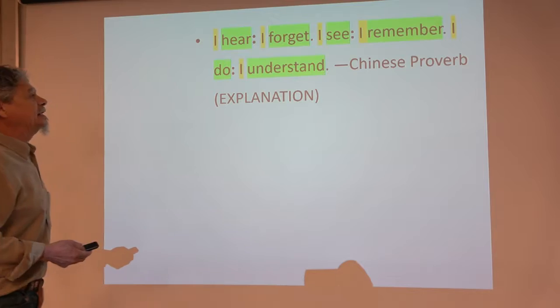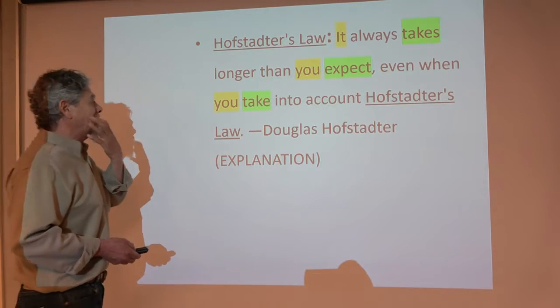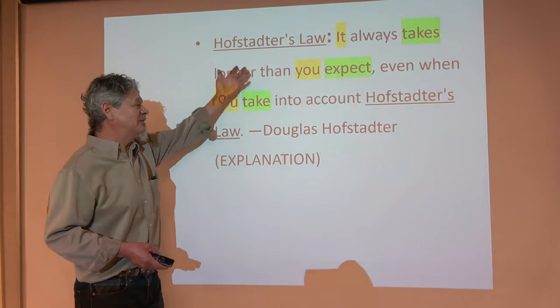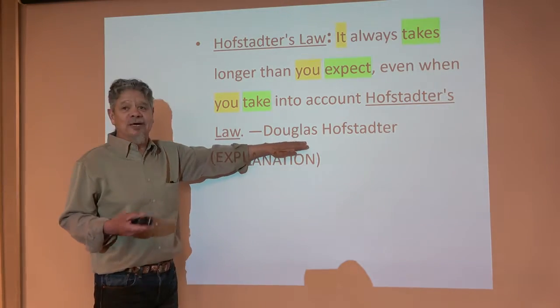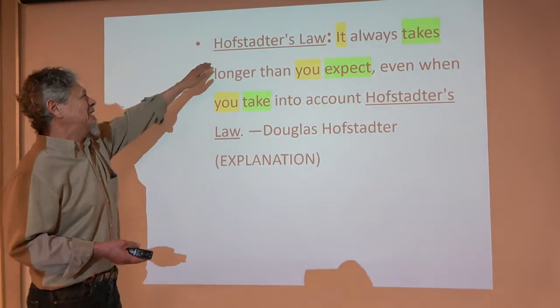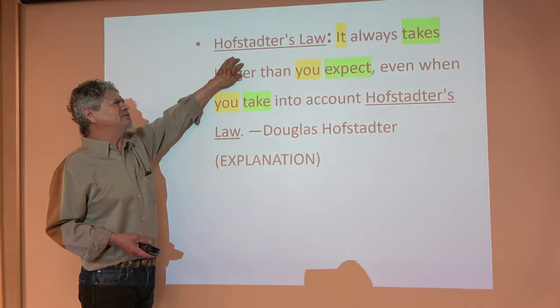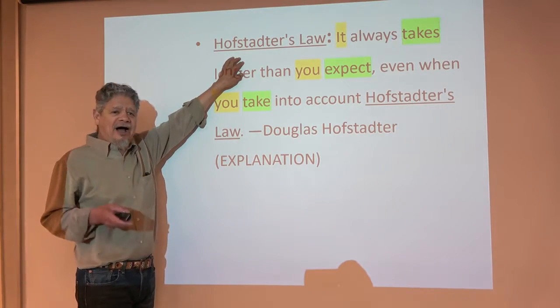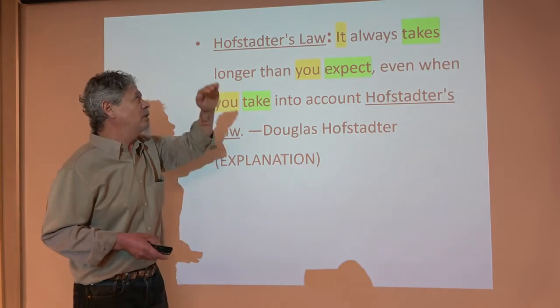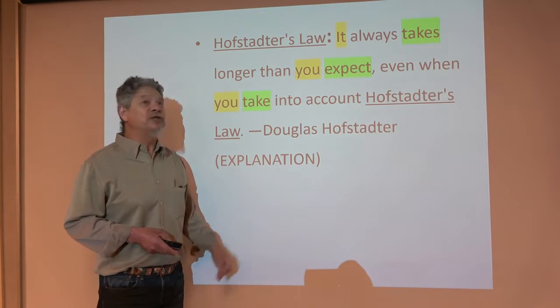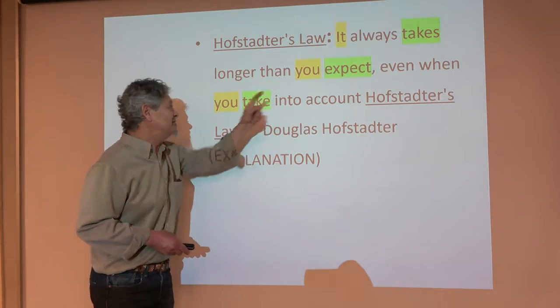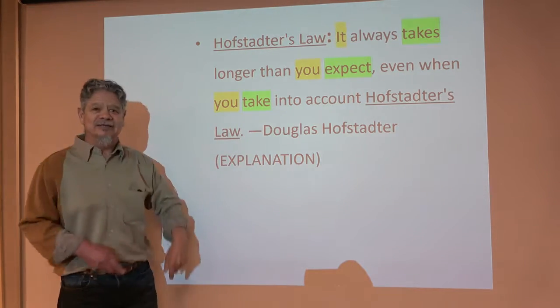Okay? All right. So now, I hope you think this is a little funny. I don't know much about this man, but he made up something called Hofstadter's Law. And Hofstadter's Law says it always takes longer than you think, than you expect. Even when you take into account Hofstadter's Law.